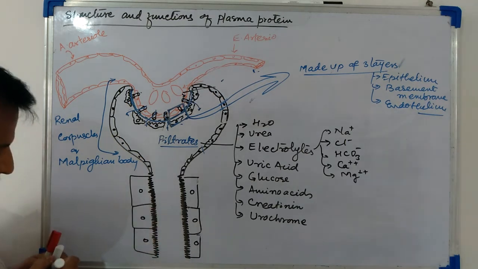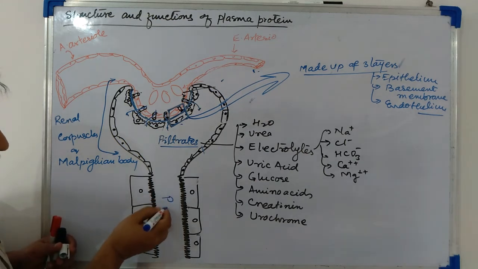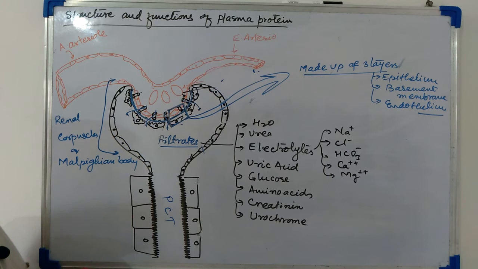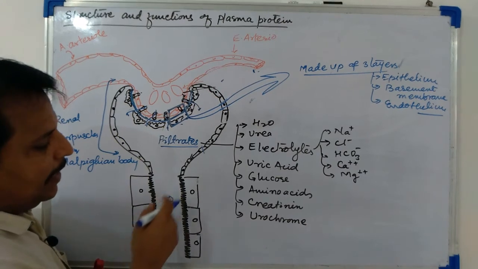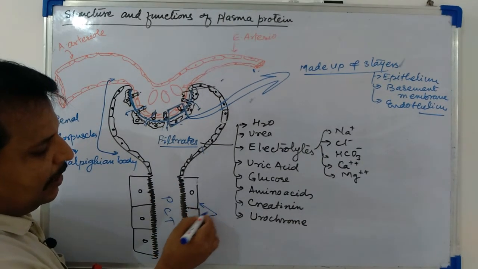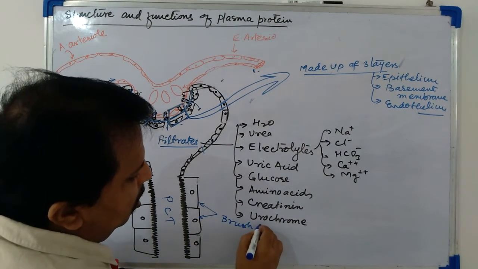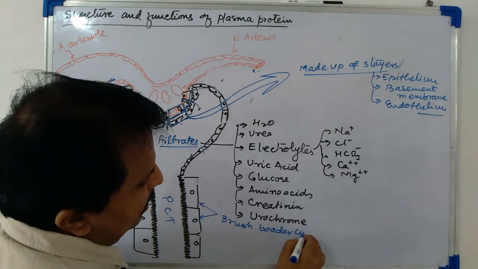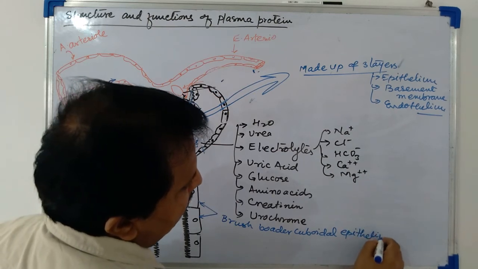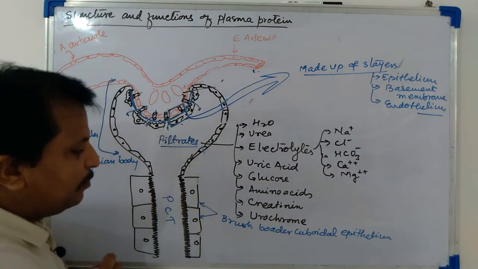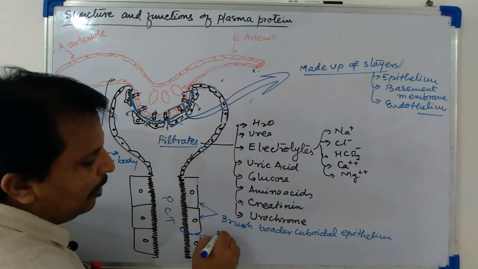As these filtrates pass through this PCT, proximal convoluted tubules, this will be absorbed from the PCT, and see, this is brush border cuboidal epithelium. Brush border means the free surface, this is the free surface, and this free surface has microvilli.